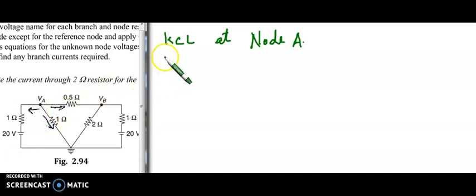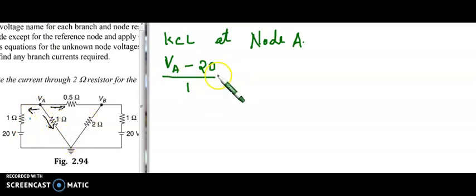So we can write the currents using the voltages. First we can write this current VA minus 20 by 1. That is the current flowing in this branch. And now the current in this branch is also flowing away from the junction, so we can write it as positive, VA minus 0, that is ground.